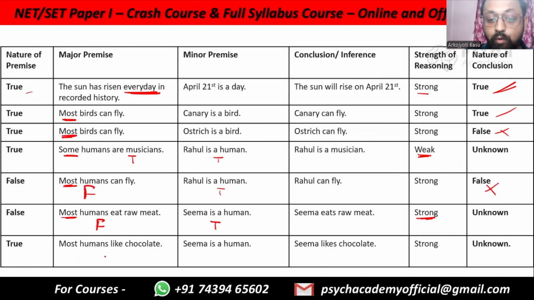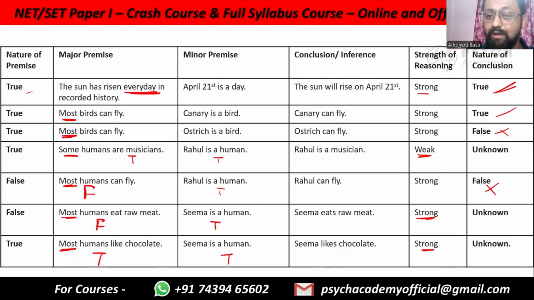Again, another example, most humans like chocolate. You have true premises. Seema is a human. Seema likes chocolate. Okay, it is strong because coming from most, it is a strong reasoning. But Seema may be one of those few exceptions who does not like chocolate. And hence we have an unknown conclusion. We don't know if it is true or false.